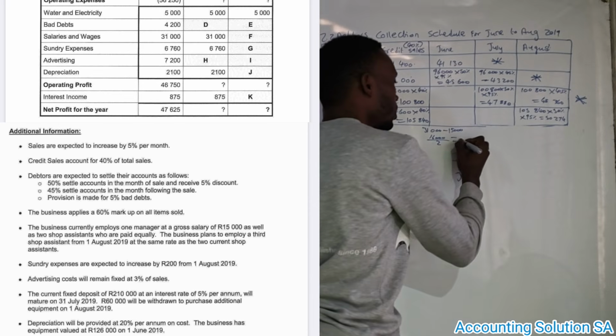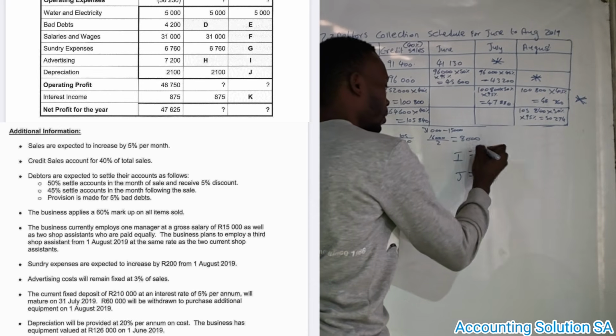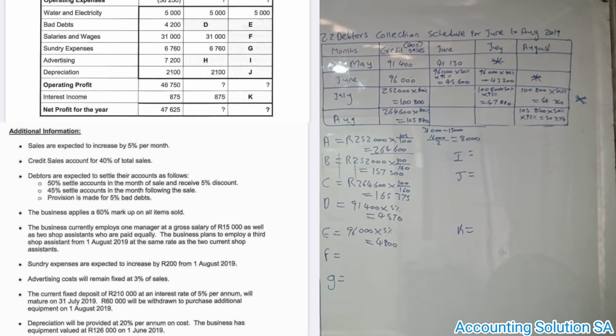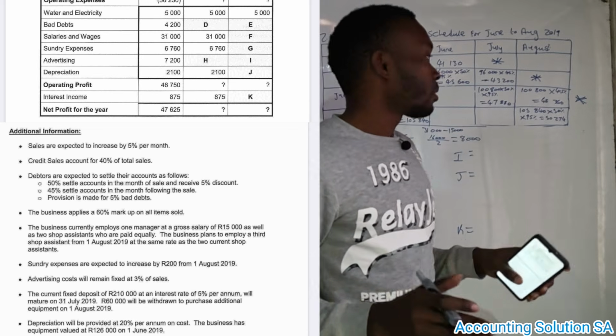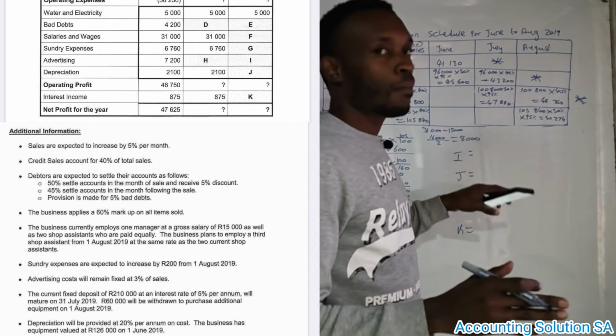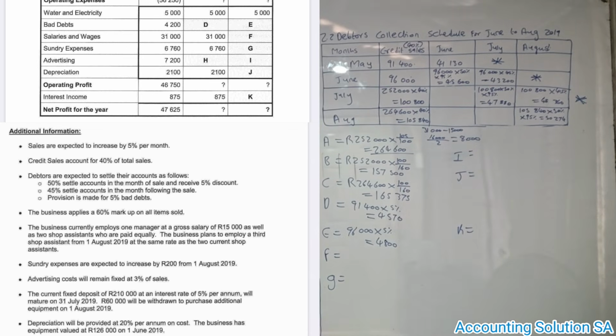Each was earning 8,000. Now what do we do? Remember, now there are going to be 3, which means that we have to say 8,000 multiplied by 3, which is going to give us 24,000.